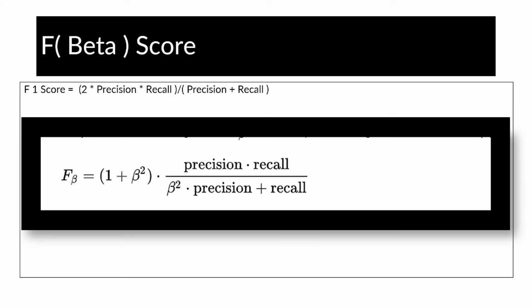The F beta is a much more generalized form and does not give equal importance to precision and recall. It is (1 plus beta squared) times precision times recall divided by (beta squared times precision plus recall).